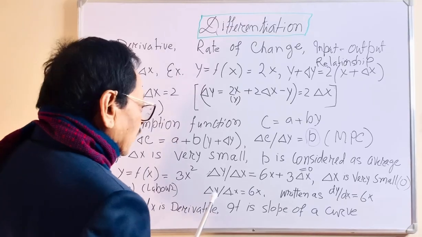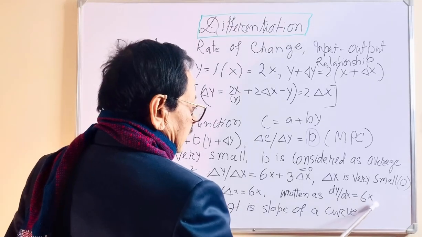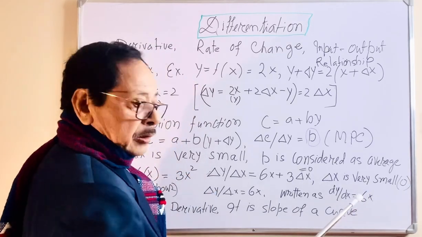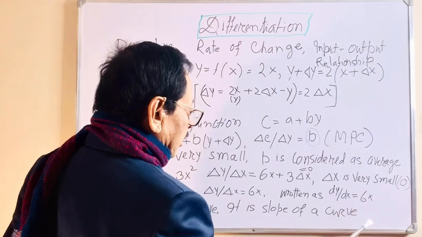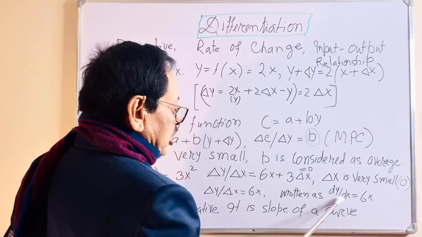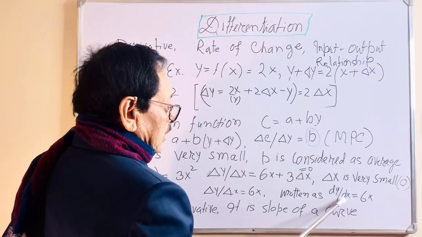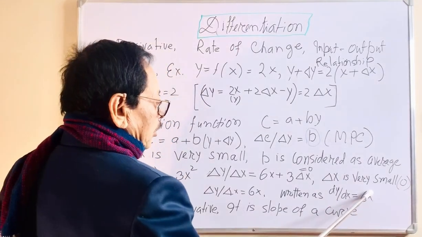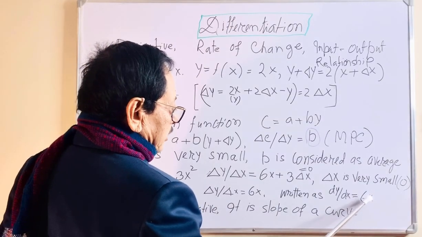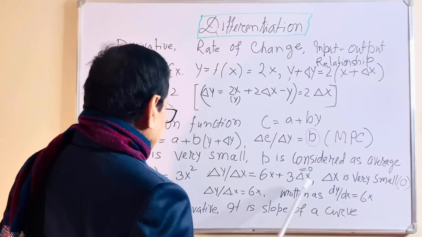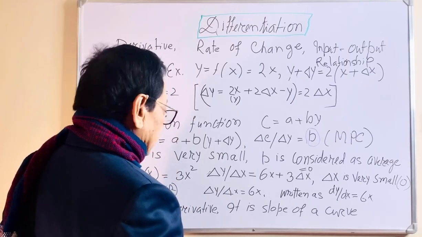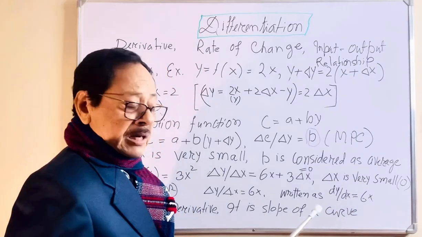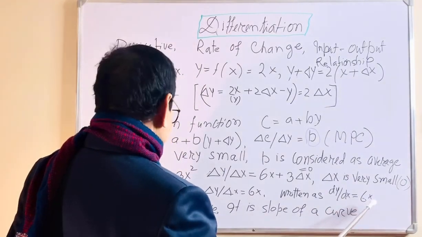If X is very, very small, then the marginal change, the rate of change, is 6 times. For a very small change of X, as it is production and labor, that means an input-output relationship, dy by dx is MP, the marginal product, which will be 6.